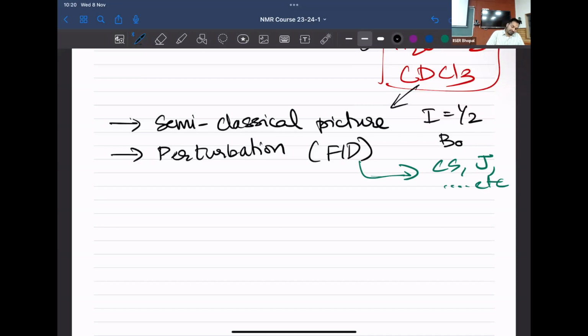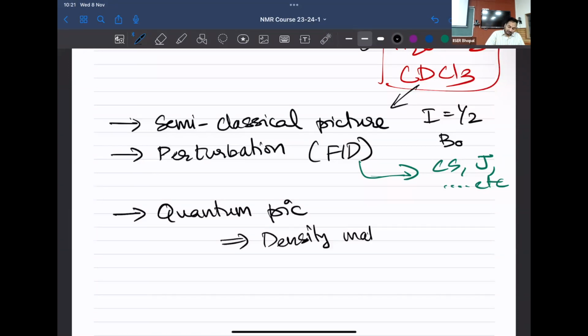Following successfully finishing this, we went to the quantum picture of nuclear spins. And here we introduced the density matrix formalism, where we were able to convert the same things that we learned. Here, instead of looking at it in a semi-classical picture, you looked at the quantum picture.